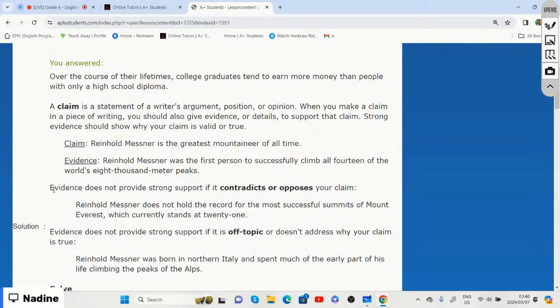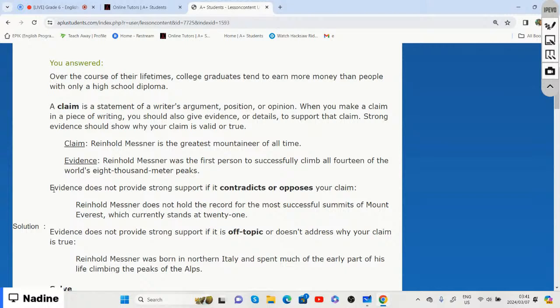So as much as he climbed 14 of the world's 8,000-meter peaks, he doesn't hold the record for the most successful summits of Mount Everest, which currently stands at 21.